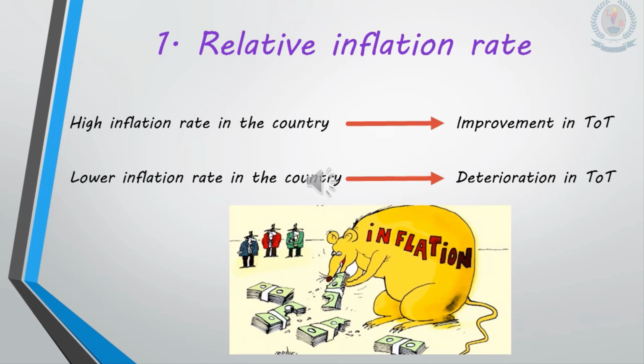So ultimately, the terms of trade will improve as we have a higher export price index. And the opposite will happen if the relative inflation rate is lower in our country compared to the other trading partners.